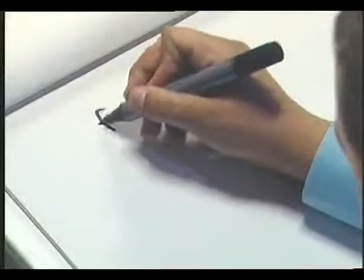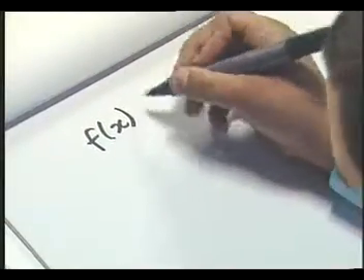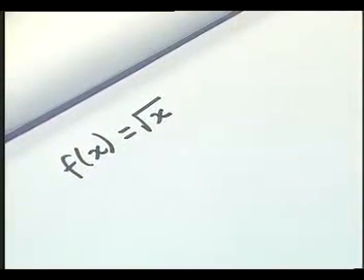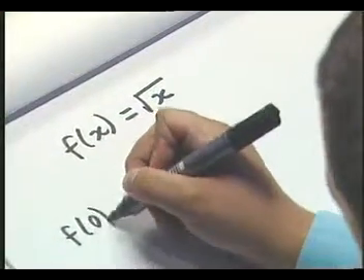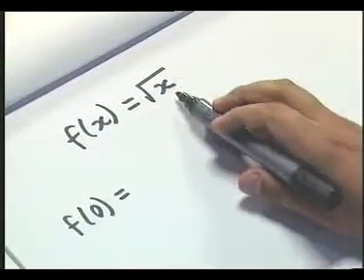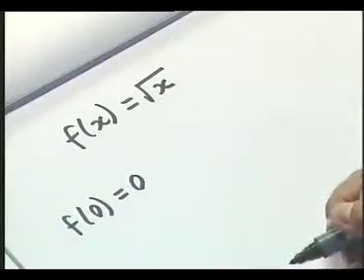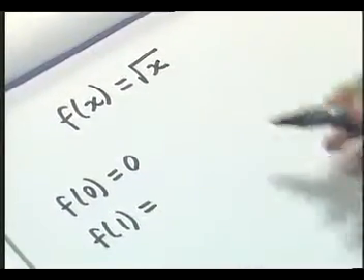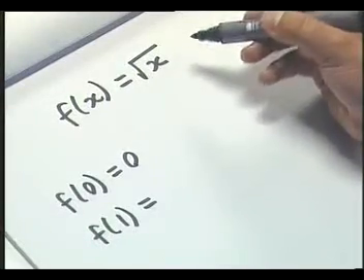Now, if we had the example f of x equals root x, a good place to start is always to substitute in some values for the argument. So, f of 0 just gives us the square root of 0, which is 0. F of 1 will give us plus or minus 1 for the square root.